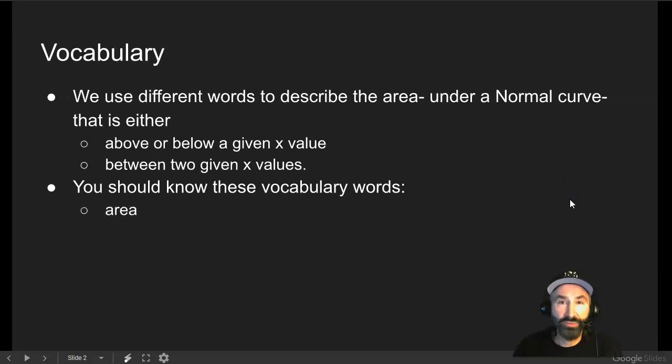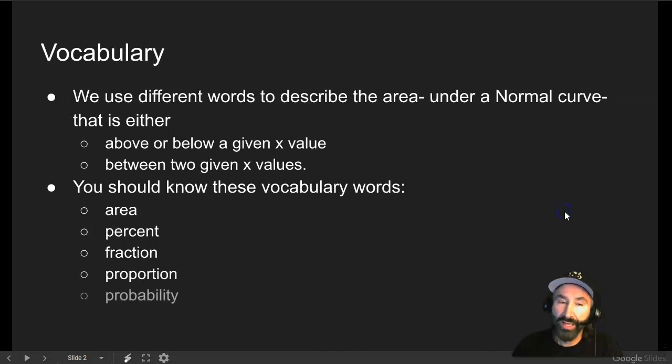One of the things that we've already looked at is the idea that area under a curve is important. And the other thing we've looked at is that that area can be represented as a percent of the total area under the curve. Sometimes also you will find that the word fraction is used to describe this area. Sometimes the word proportion, and also the word probability.